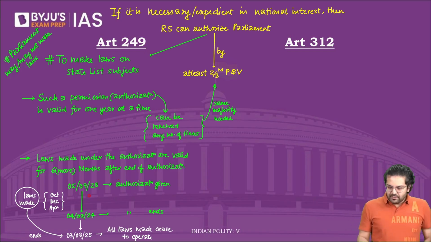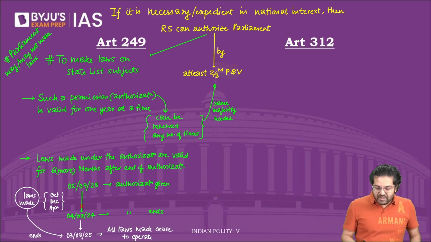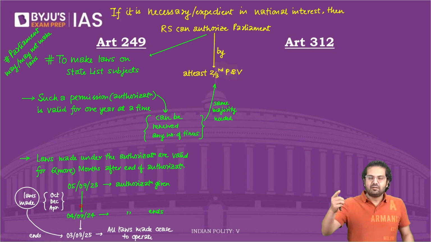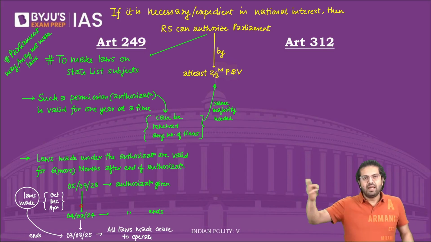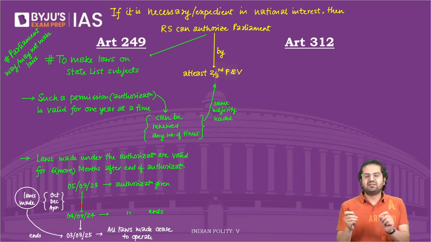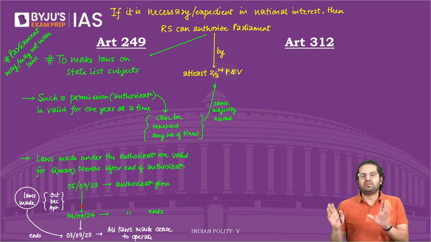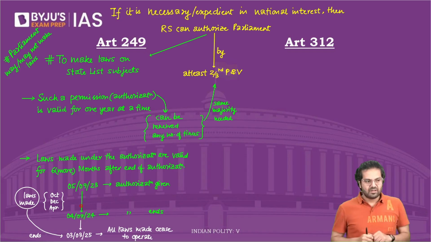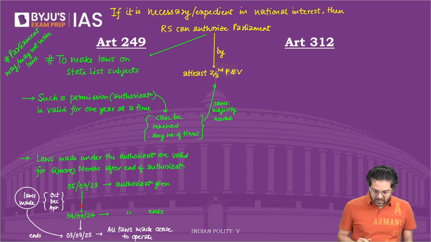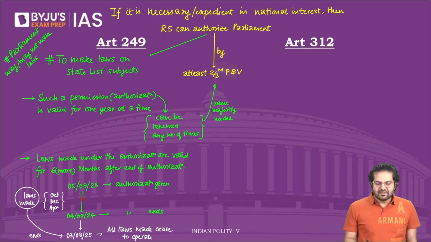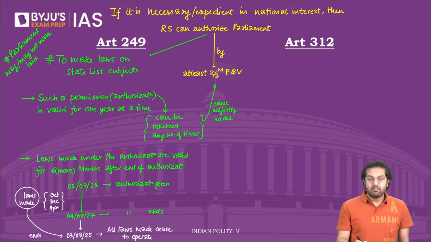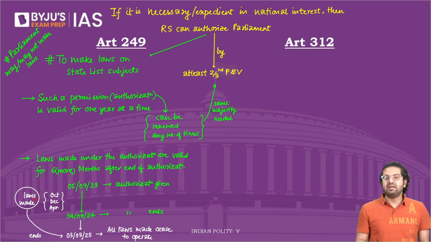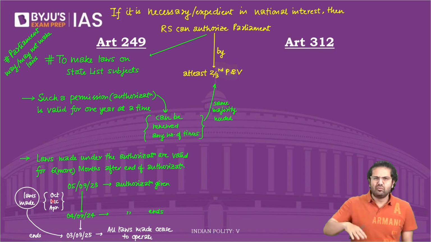Now, this permission to make laws for 1 year can be extended 1 year, 1 year, 1 year, any number of times, just like your subscription in Netflix or Hotstar or Amazon Prime Video. 1 year subscription. Clear? Now, in this duration, Parliament can make a law, may not make a law. But if the Parliament makes a law, whether in October, December, whether today also, we don't care.